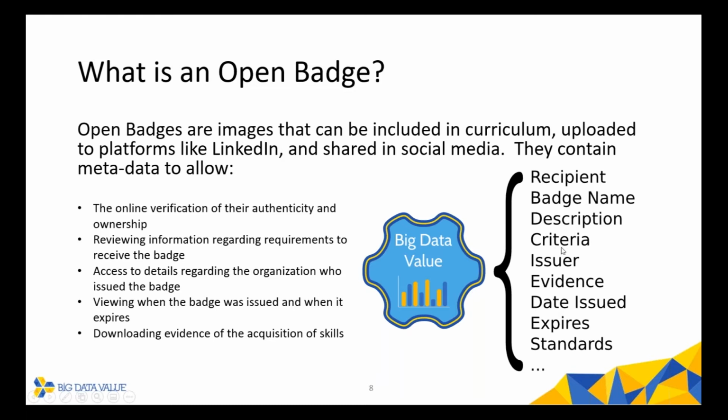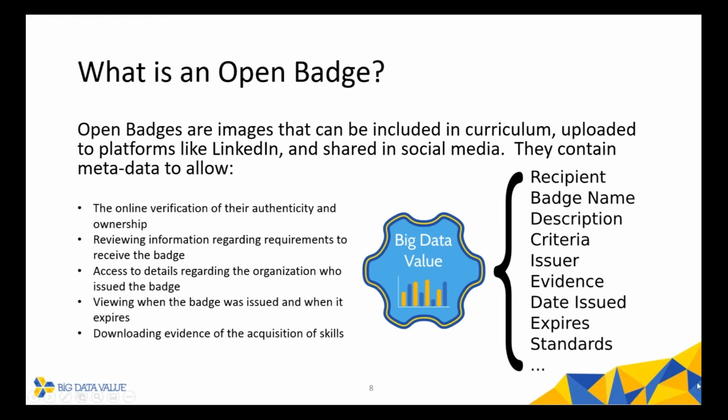And that metadata includes things like the email of the recipient. And for data protection reasons, that can be used as a hash, so you're not revealing the actual email address of the student. It also includes the name of the badge, description of the badge, criteria that were used to issue the badge, who issued it, and evidence.